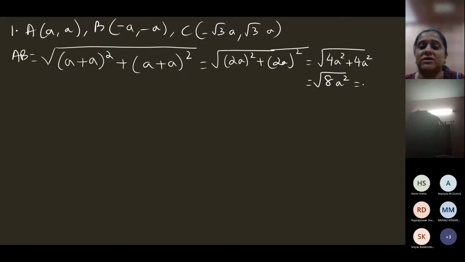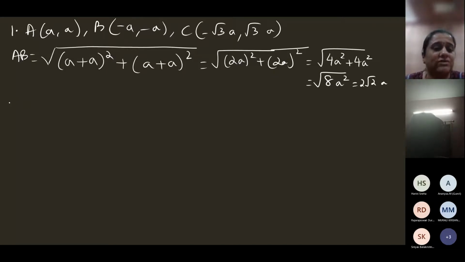And this is nothing but root 8 is 2 root 2, and A square comes out of the square root as A. That A is outside the square root. 2 root 2 A units is the length of the line segment AB or the side AB.